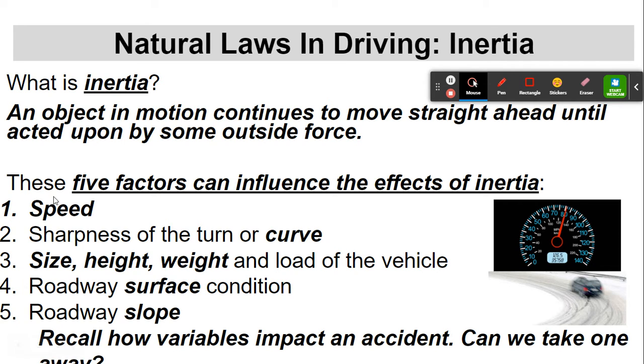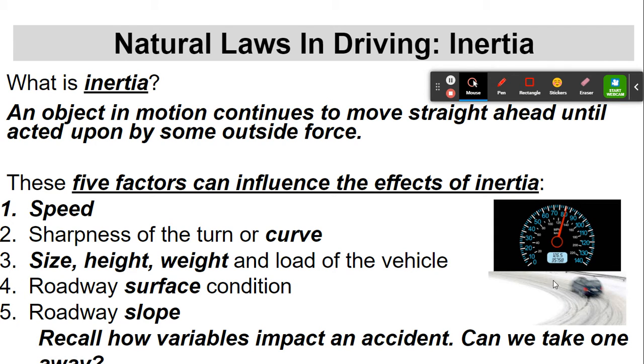Okay, look at what we have here. If we reduce their speed, would that be able to, let's say we have an accident. Let's say this car goes off the road and tumbles over the guardrail here. Okay, look at all the factors that we have into play here. Sharpness of the curve, the speed of the vehicle, the size, height, and weight of the vehicle, and the load inside. When we talk about load, we're talking perhaps passengers, for example, or maybe you have it loaded up with your stuff that you're moving to college.